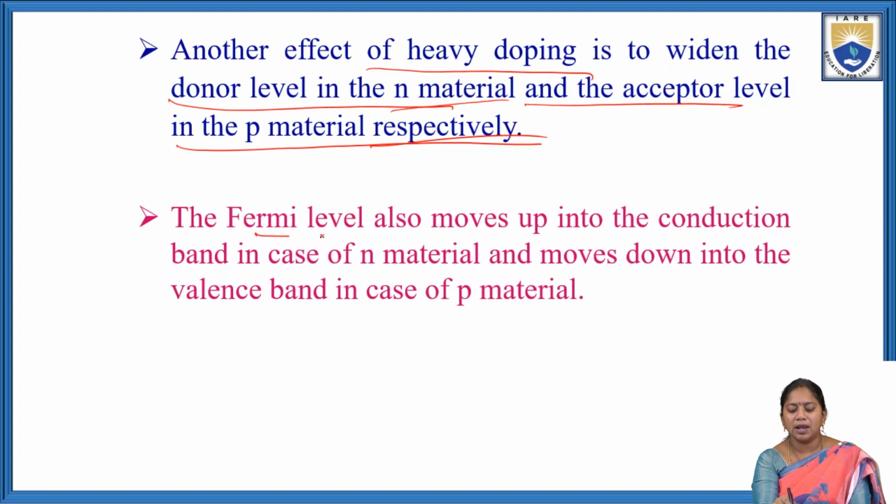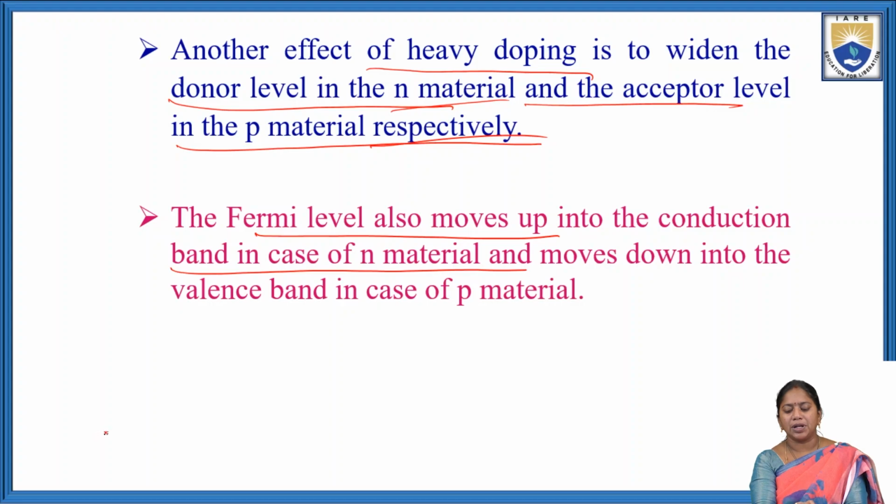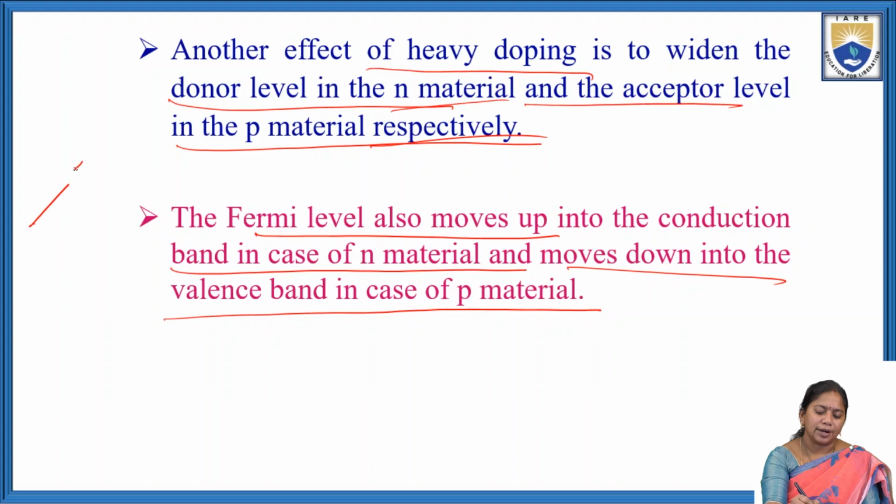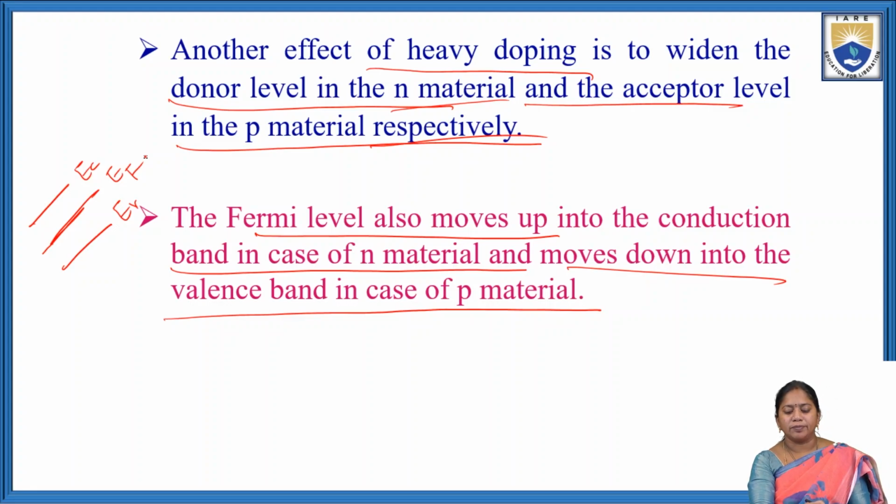The Fermi level also moves up into the conduction band in the case of N-type material and moves down into the valence band in the case of P-type material. For example, this is the conduction band, this is the valence band, and in between them is a level called the Fermi level.